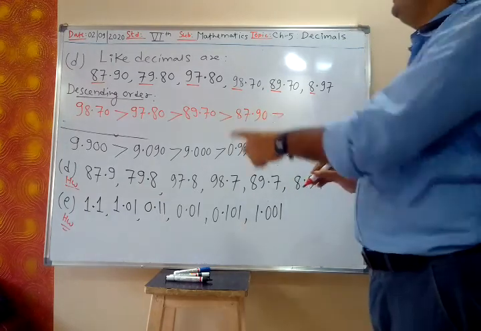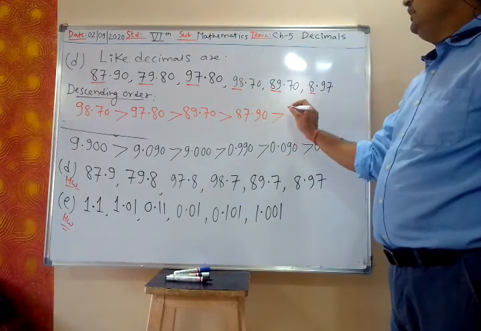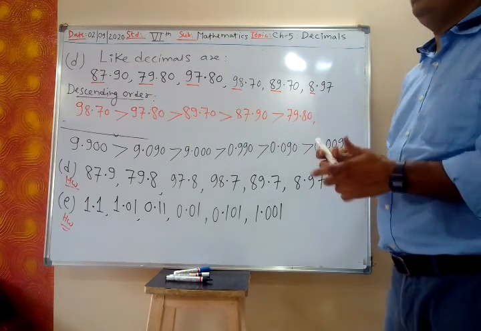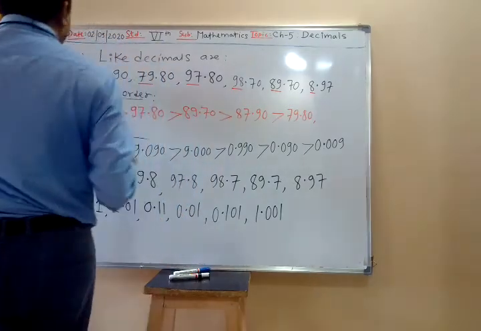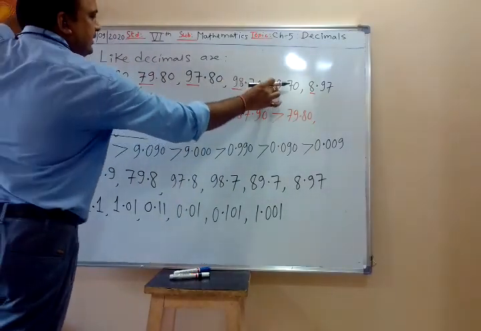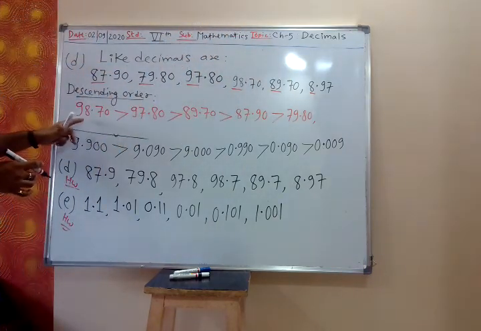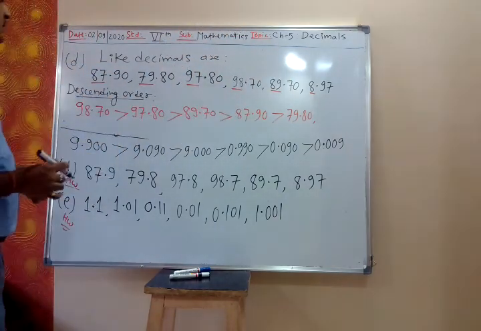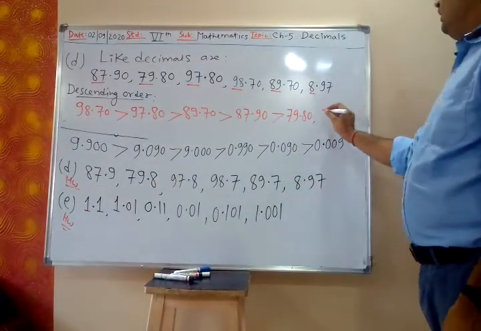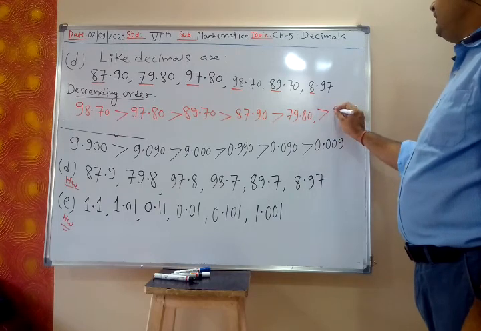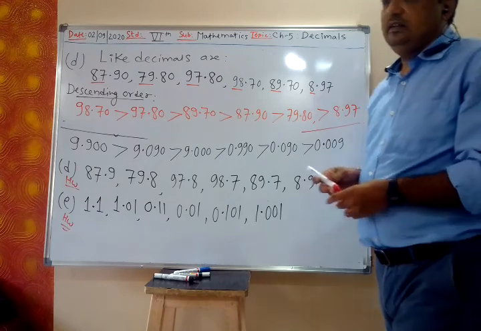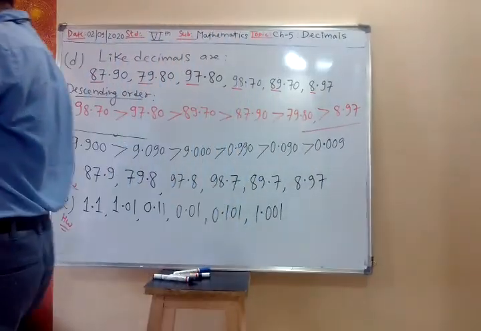After 87 it is 79.80. So we have covered these. We have 87, 79, 97, 98, 89 and 8. So 1, 2, 3, 4, 5. Then after 79, the one left is 8.97.